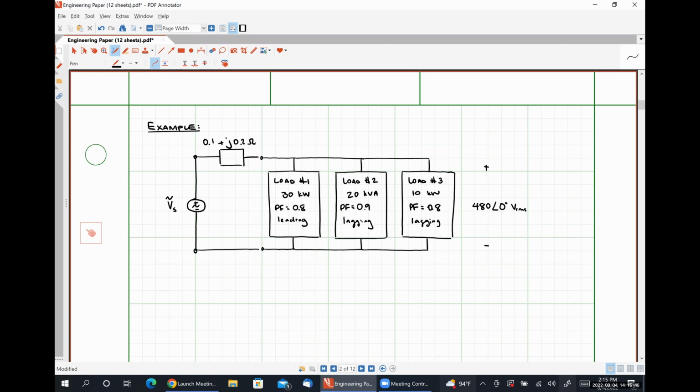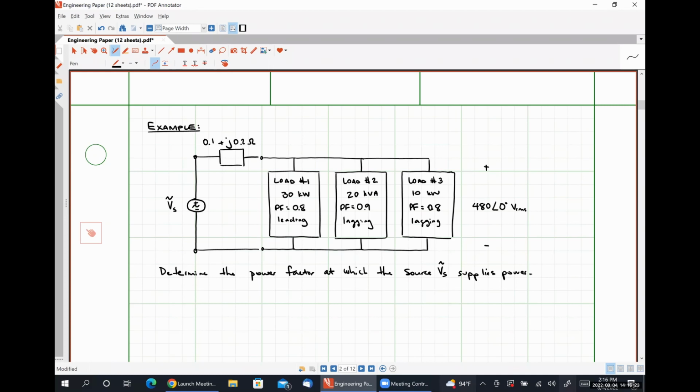And our goal here is to determine the power factor at which the source Vs applies power.